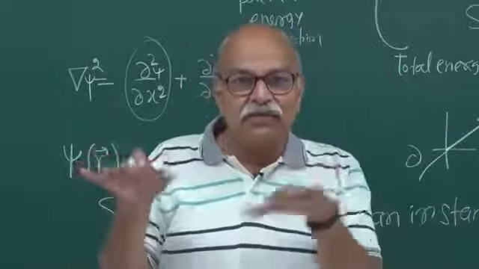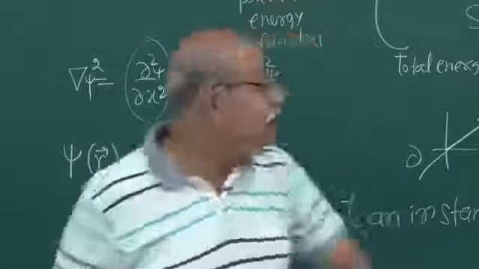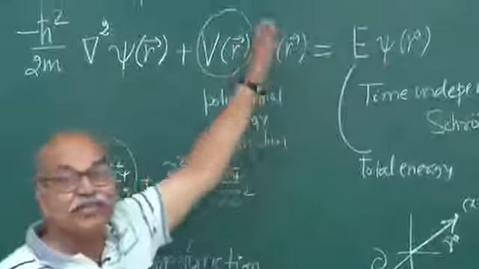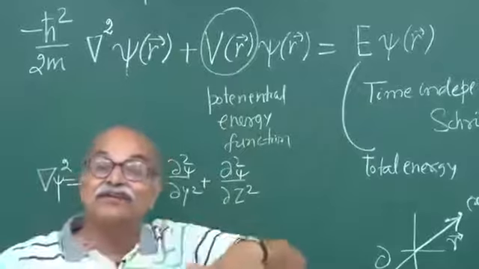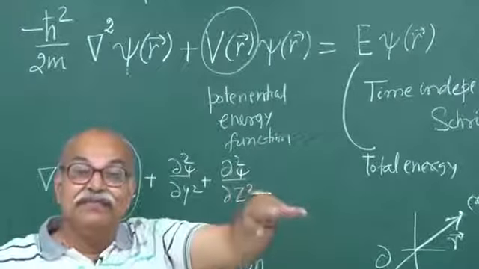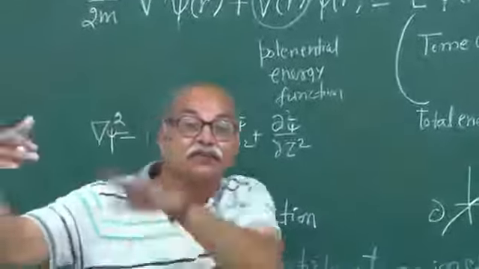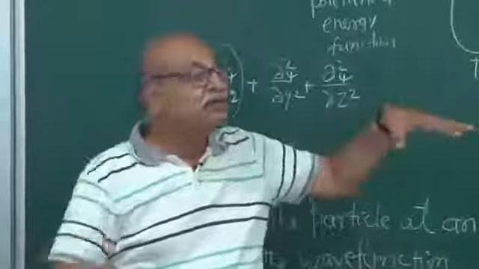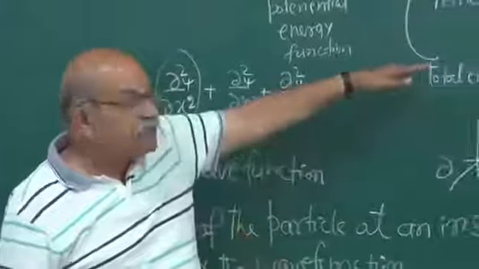Within those restrictions, try to find this energy E and this psi which can satisfy this equation, and you will get quantized, only specific values of E and specific functions psi, each corresponding to one energy value. That is how quantum mechanics described by the Schrodinger equation works.